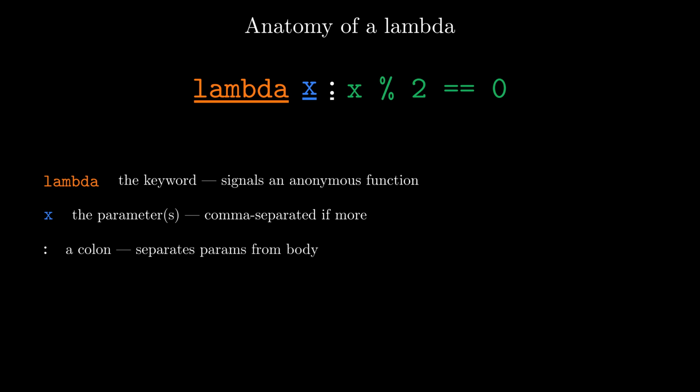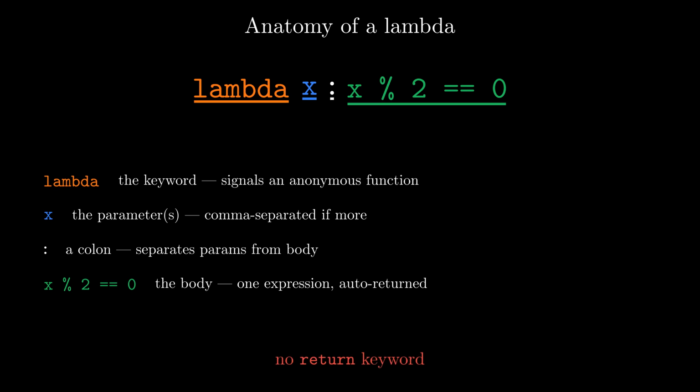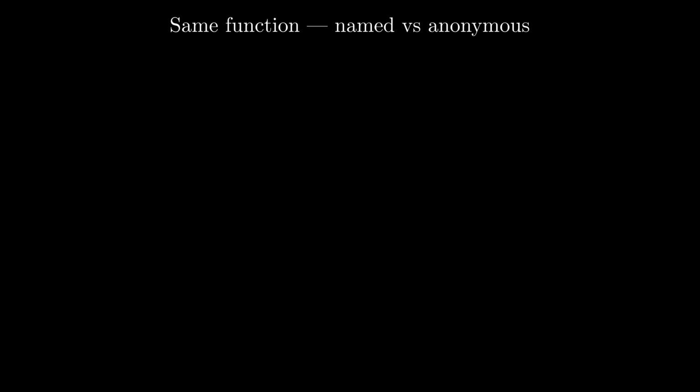After the parameters comes a colon. Then finally the body, a single simple expression. Notice what's missing. There is no return keyword. In a lambda, you just write the expression whose value you want back, and that value is automatically returned. So the expression x % 2 == 0 is the body, and its Boolean result is what the lambda hands back.